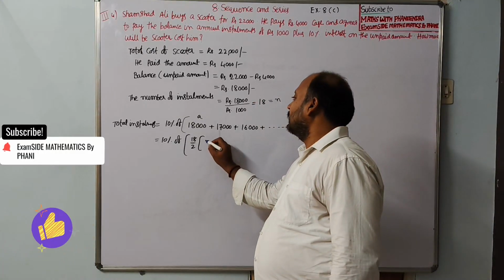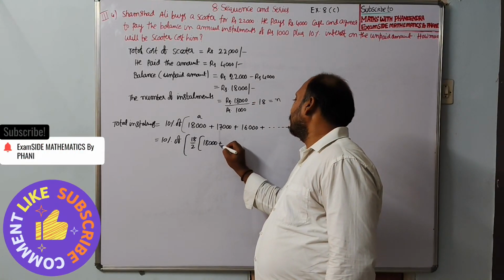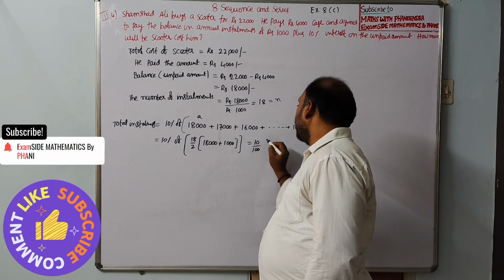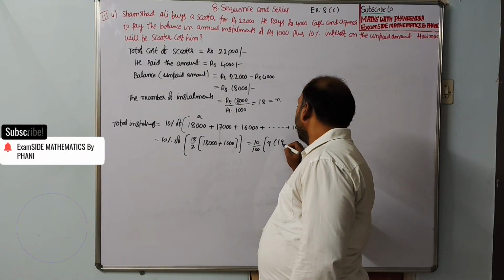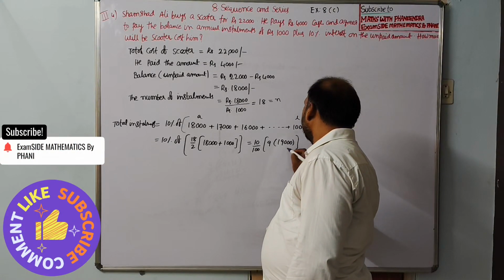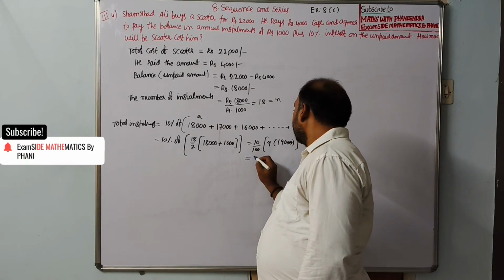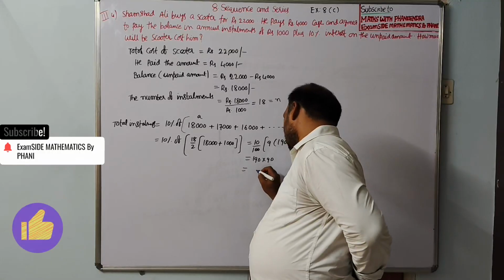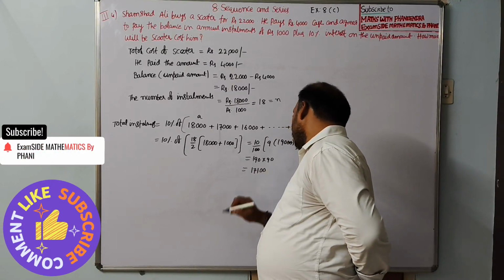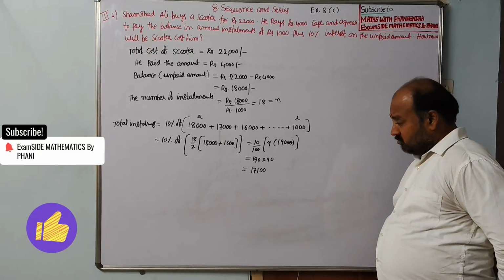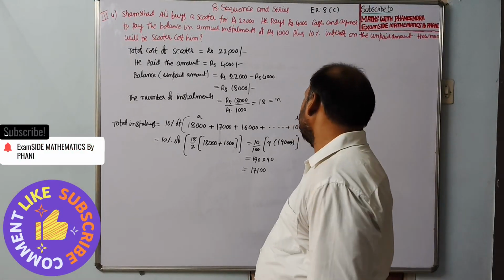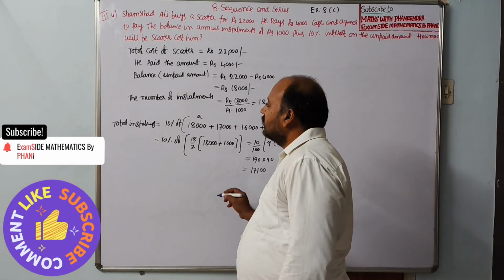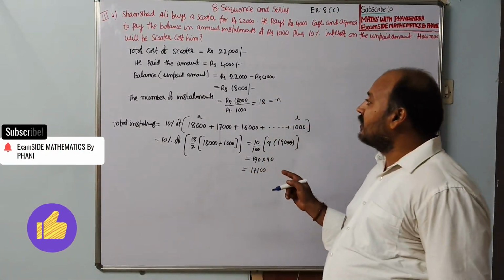N by 2 into A plus L is 18 by 2 into 18,000 plus 1,000. So 10% means 10 by 100 into 9 into 19,000. So 190 into 90. This much amount, dear students, 17,100 rupees. This is the total interest on installments.